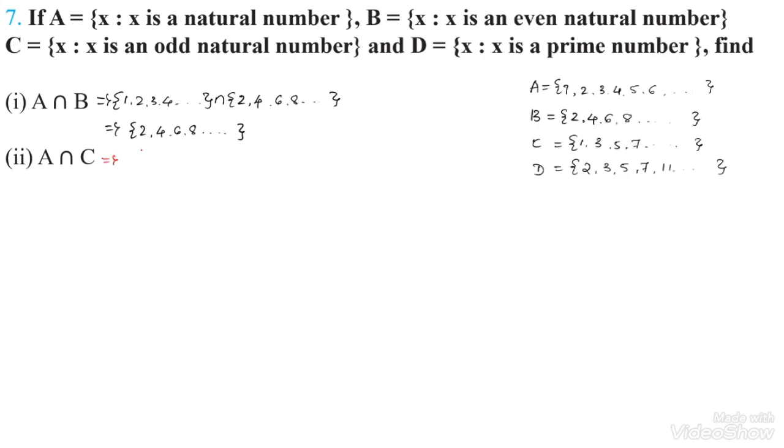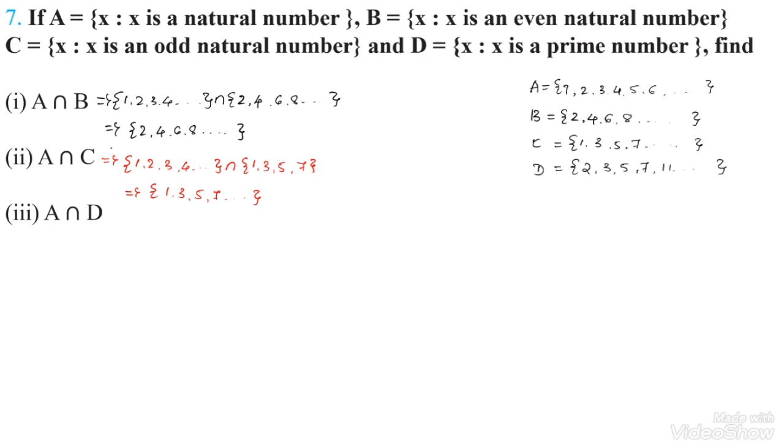Next, the second question, A intersection C. What are the elements? A is 1, 2, 3, 4 and so on, intersection C, which is 1, 3, 5, 7. What are the common elements? The common elements are 1, 3, 5, 7 and so on. Now, move on to the next question.